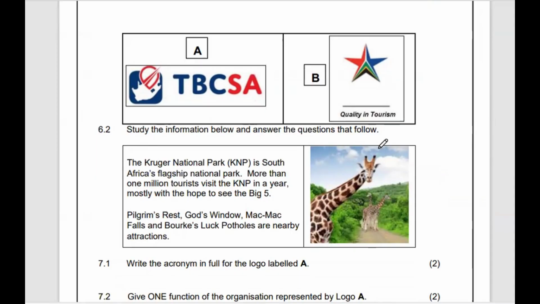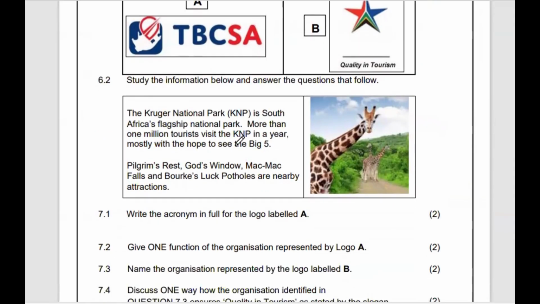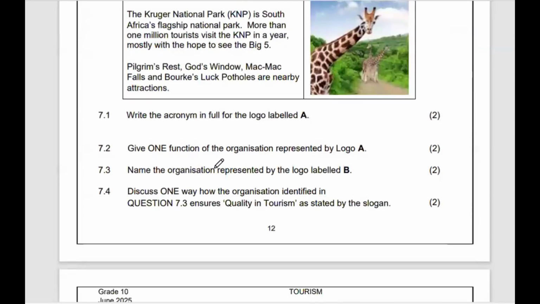The Kruger National Park is South Africa's flagship national park. More than 1 million tourists visit the Kruger National Park in a year, mostly with the hope to see the Big Five. Pilgrim's Rest, God's Window, Bourke's Luck Potholes and Lisbon Falls are nearby attractions.